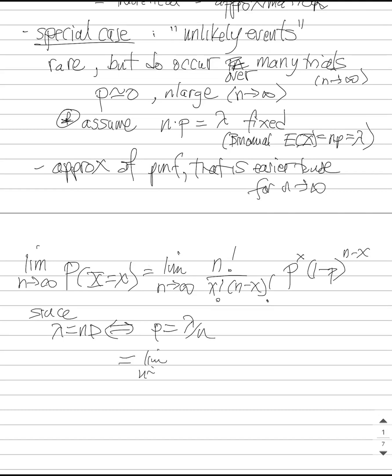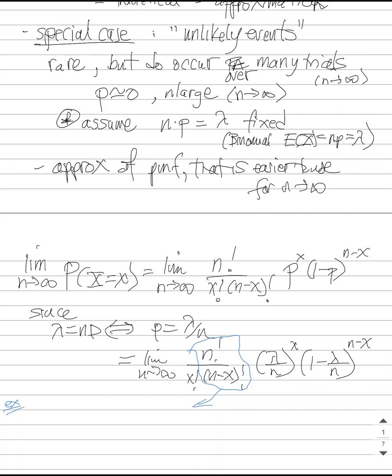So we'll have a limit, n going to infinity, of n factorial over x factorial, n minus x factorial, times lambda over n to the power of x, times 1 minus lambda over n to the power of n minus x. The next thing we're going to do is make this look much nicer, and to do that, we're going to compare this to something.